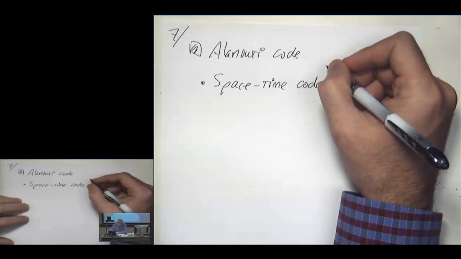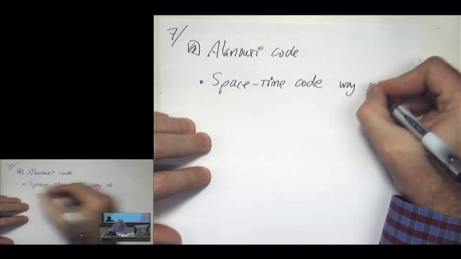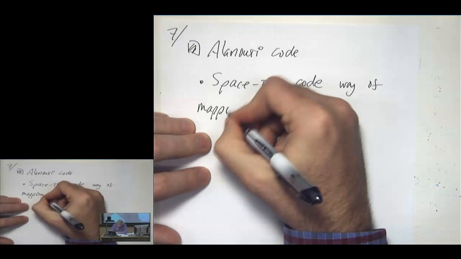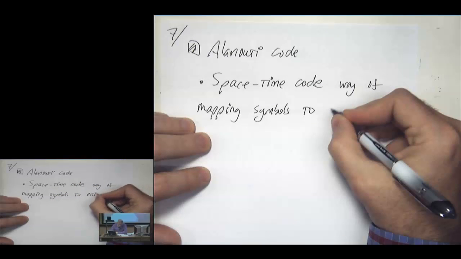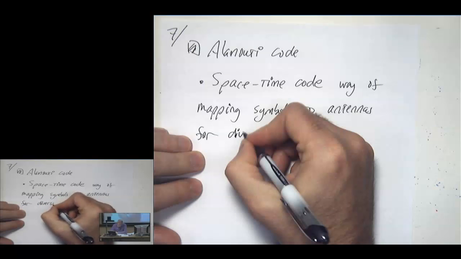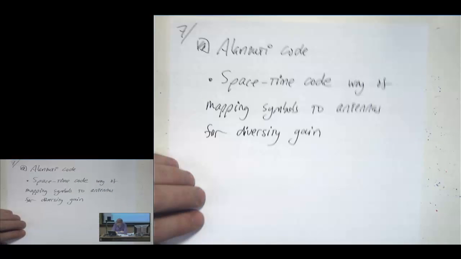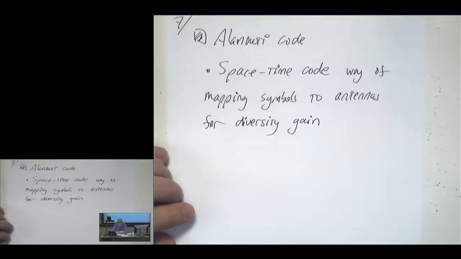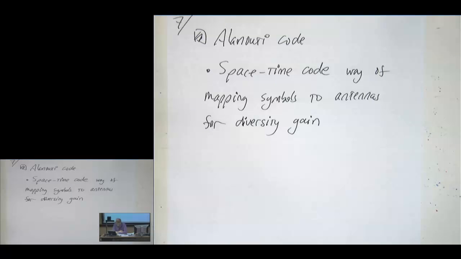It is generally used to mean a way of mapping symbols to the antennas for diversity gain. Now, by getting diversity gain, we're also going to presumably improve the error rate. But it's not necessarily there for the purpose of correcting errors. Now, you can combine these with other error correcting strategies and come up with a more complicated space-time code.